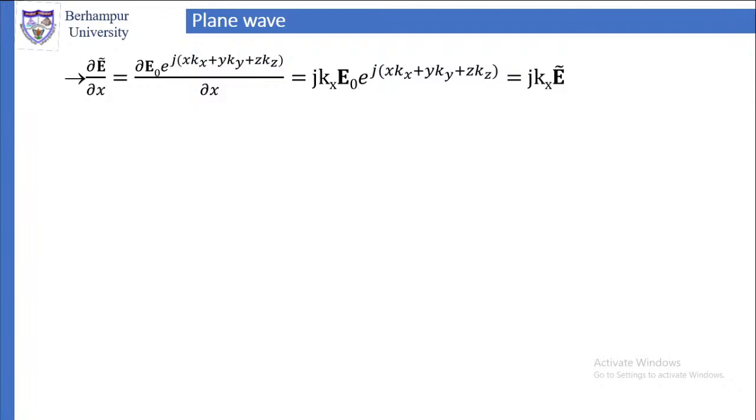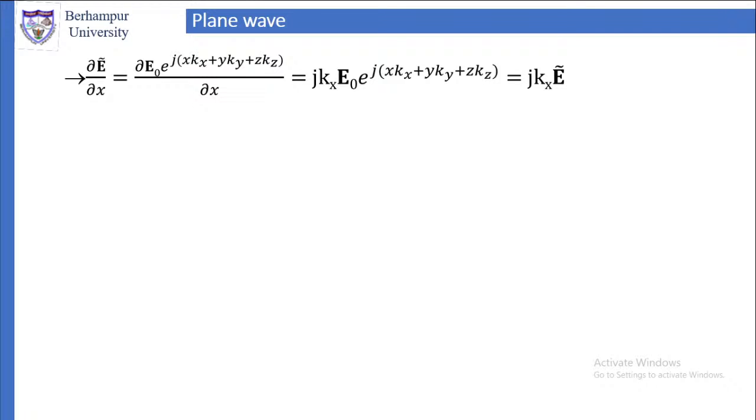Now j remains as it is. k is equal to x cap kx plus y cap ky plus z cap kz. Similarly, r is equal to x cap x plus y cap y plus z cap z. Therefore, k dot r will be x kx plus y ky plus z kz.